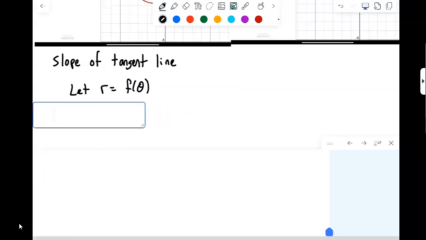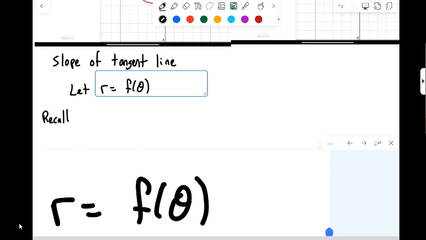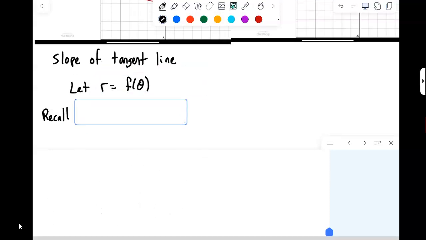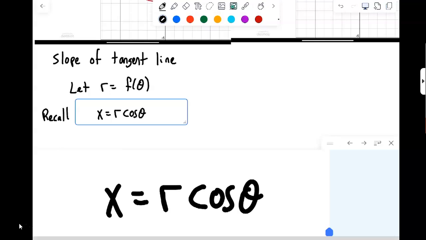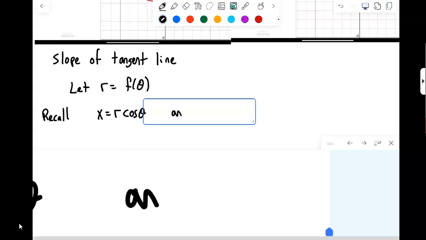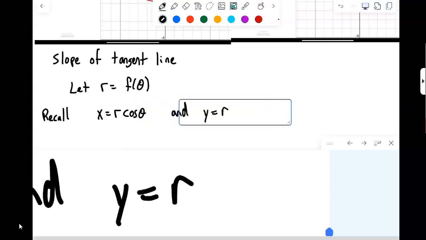But we can recall that if we have r and theta, then we can convert those over to x and y. x equals r cosine theta, and y equals r sine theta.